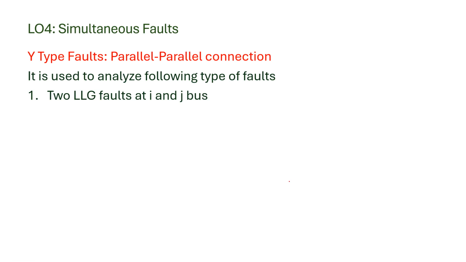Suppose if I have a power system and I have an ith bus and jth bus, and here if LLG fault has taken place and at this jth bus also LLG fault has taken place, then we can analyze this simultaneous fault, that is called as Y type of fault.